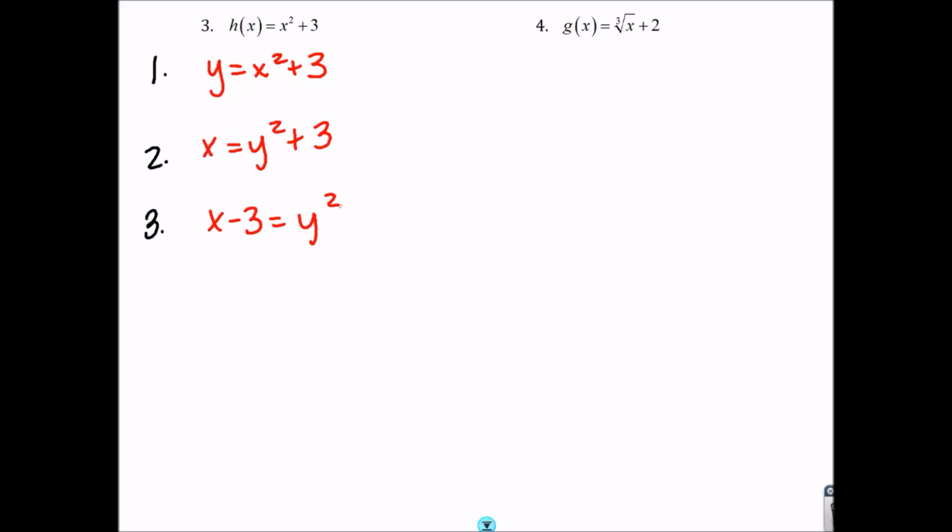Then to get rid of the square, I need to take the square root of both sides. Then my last step is to change the notation to h inverse of x equals square root of x minus 3.